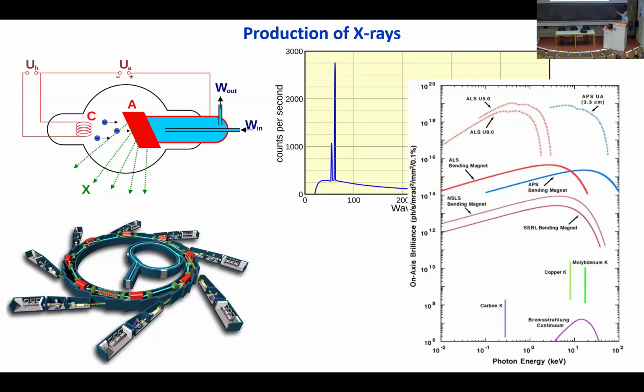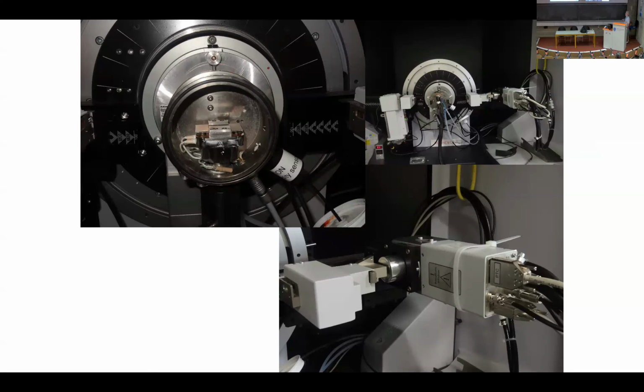To select the energy on lab machines, different ways have been proposed over time to record only the wavelengths you are interested in. The first one introduced was filters in the beam path, which were able to remove K beta, for example, if you want one of these two emission lines, K alpha or K beta.